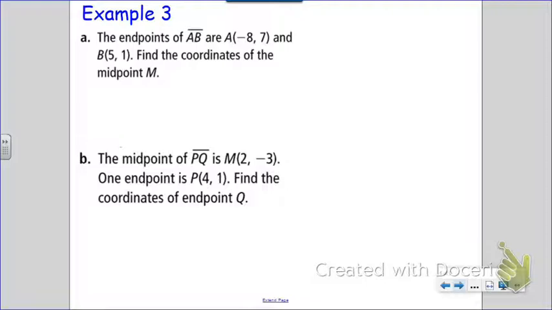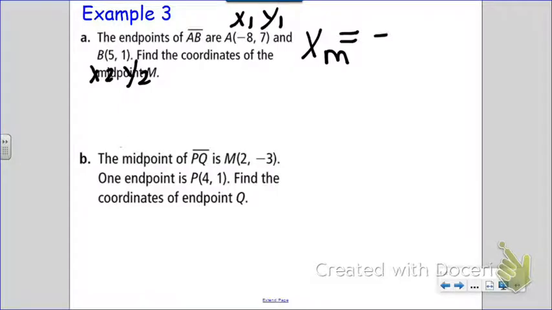Example, the endpoints of AB are negative 8, 7, and 5, 1. Find the coordinates of the midpoint M. So my endpoint, this is going to be the first x and y. We'll call this the second x and y. So my midpoint for x, M will stand for midpoint.